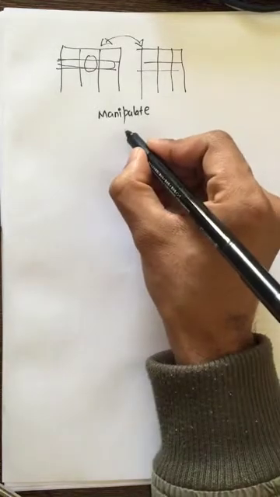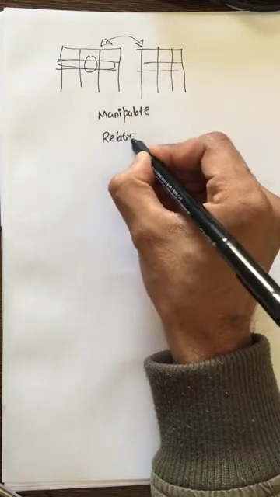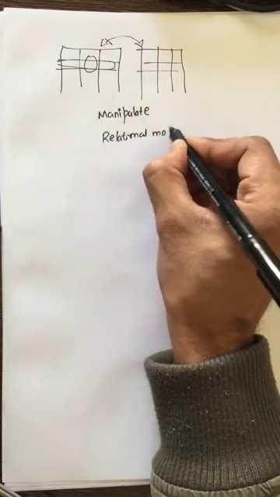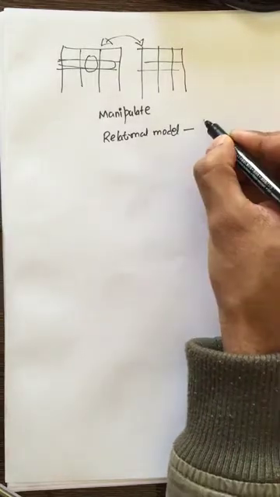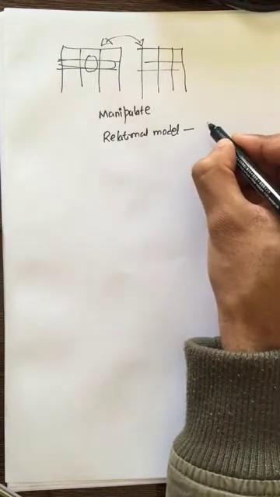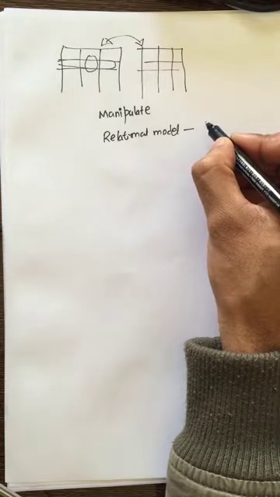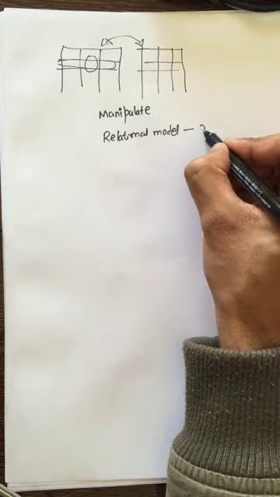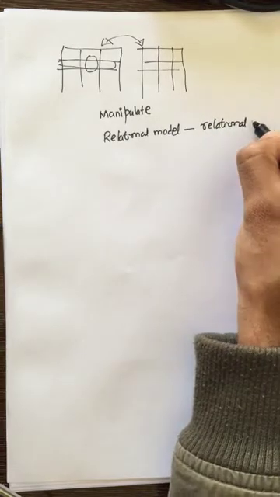So now if you look at this relational model, for this relational model, if you want to specify some queries, we have a special language, or set of operations, we can call it. It is called relational algebra.